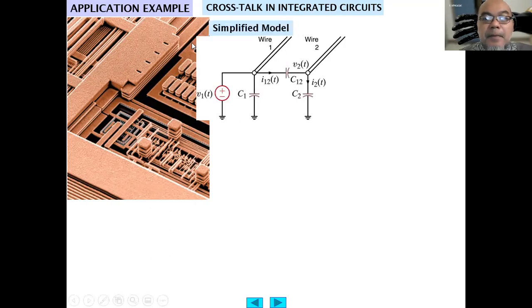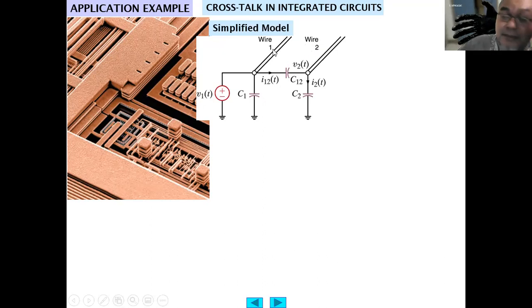So if there are two wires in this integrated circuit located next to each other, then there might be some capacitance between the two. The capacitance is because the space between the two wires is basically insulating or dielectric material.